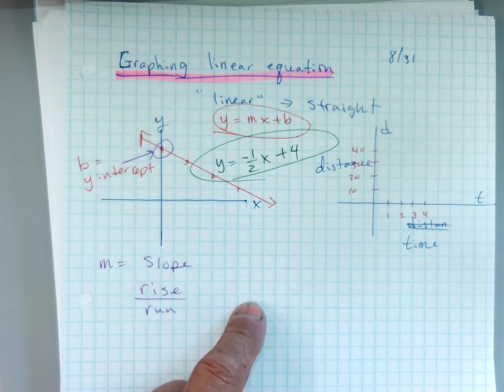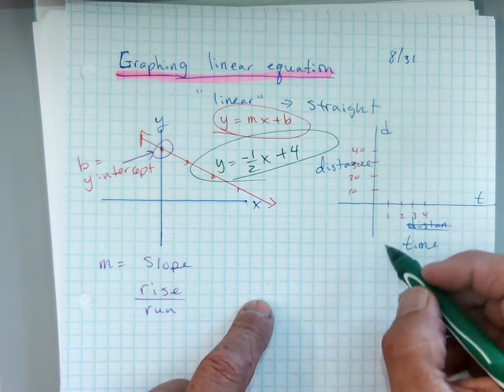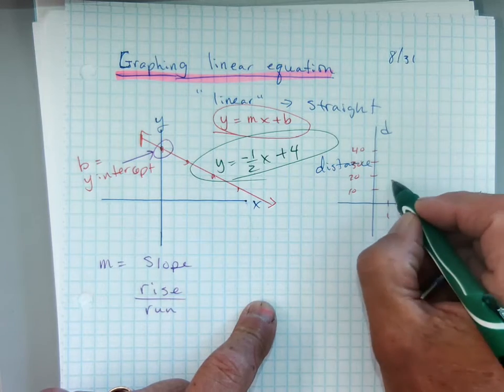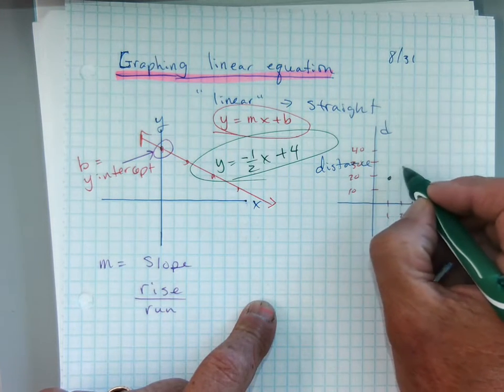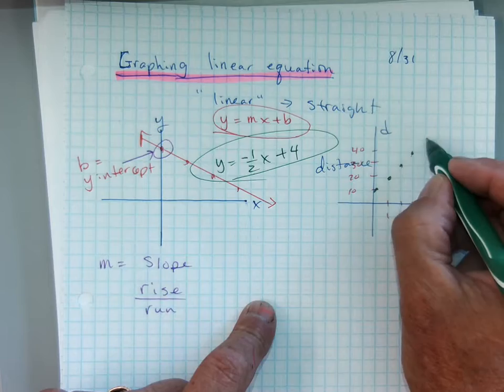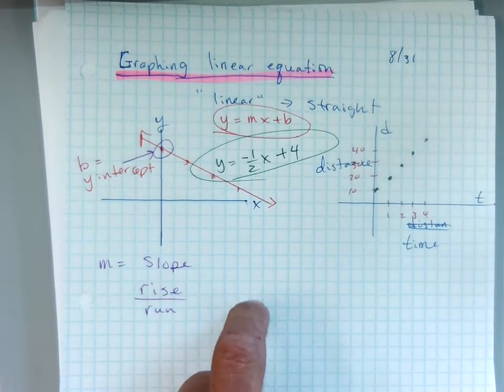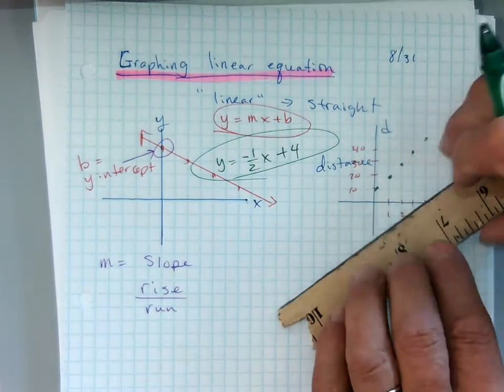A real life or a better example would be one like this. Okay. Here's a better example of something that's a real life situation.